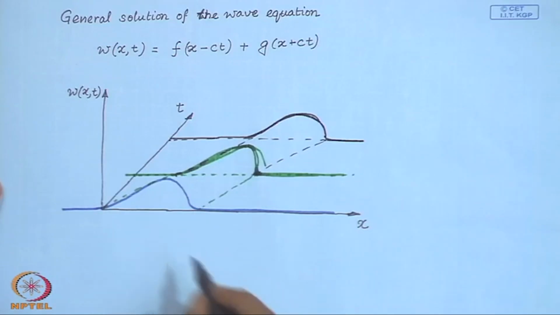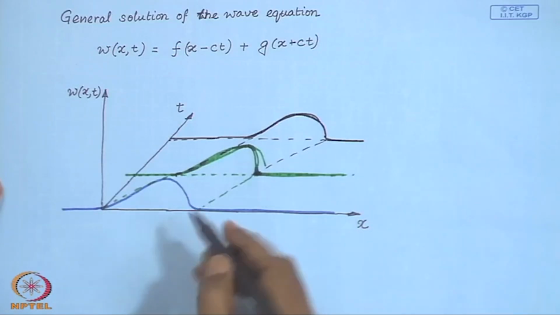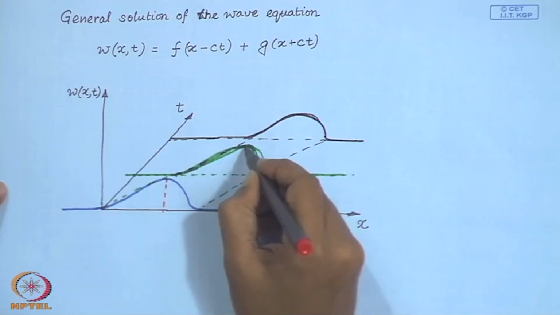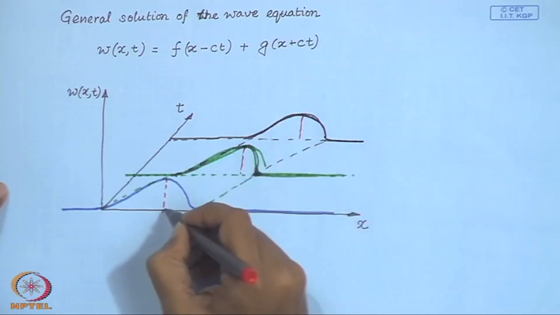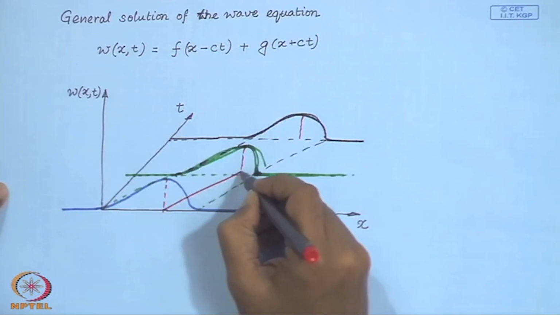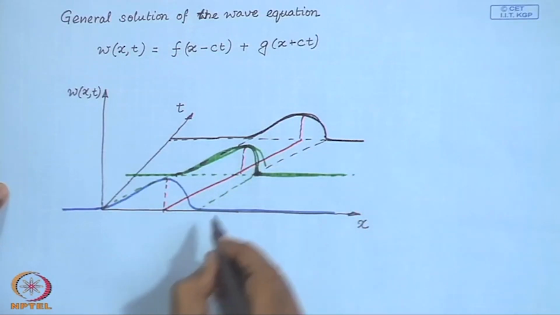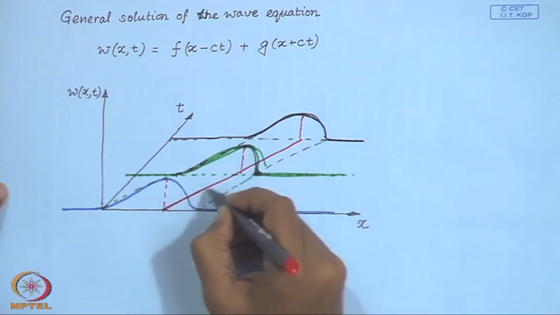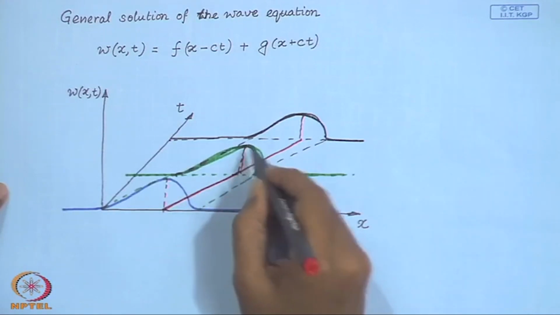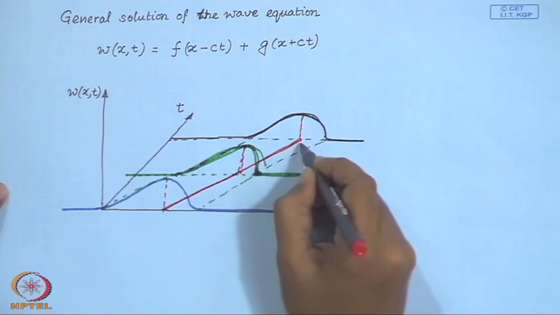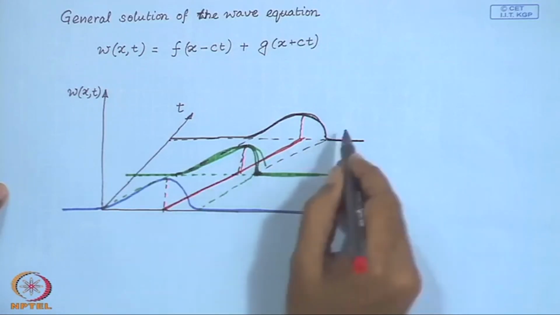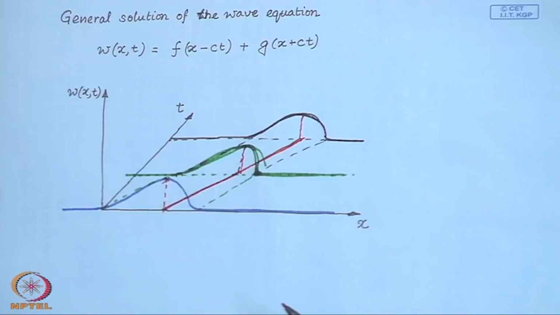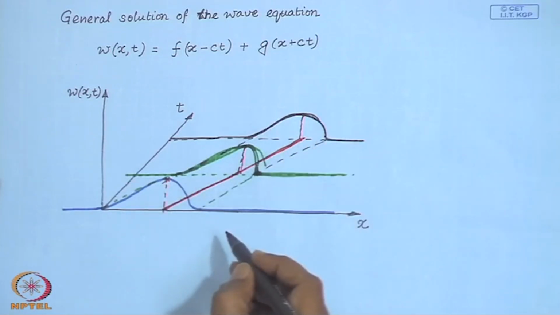So, if you now track, this is the line on which, let us say, the crest of this pulse is travelling.